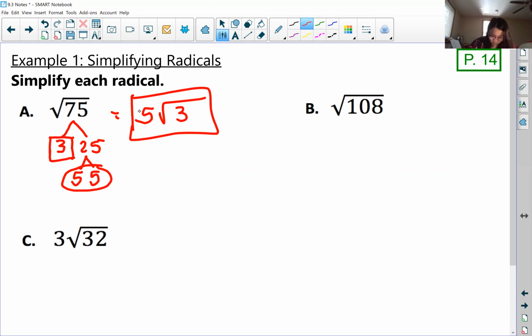108, it's even, so 2 is going to be a factor.